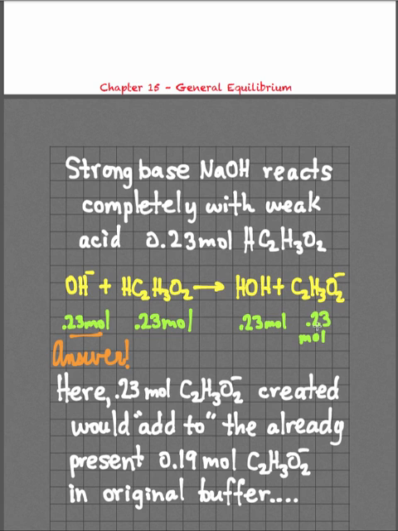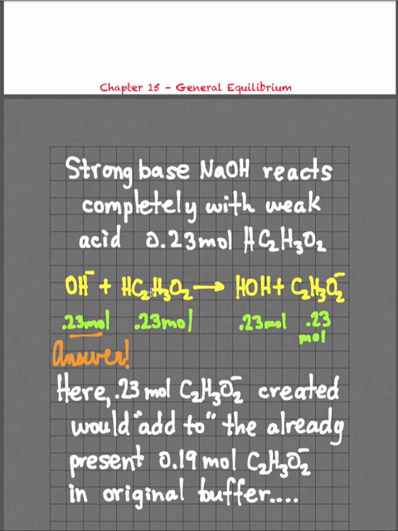Cool. I guess we could say at that point, before I add this, my buffering capacity is 0.23 moles. I could consume 0.23 moles of H plus that might enter into the water, or I could neutralize 0.23 moles of OH minus that might enter into the buffer.